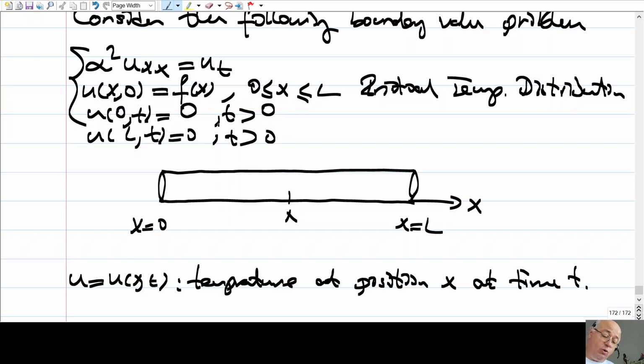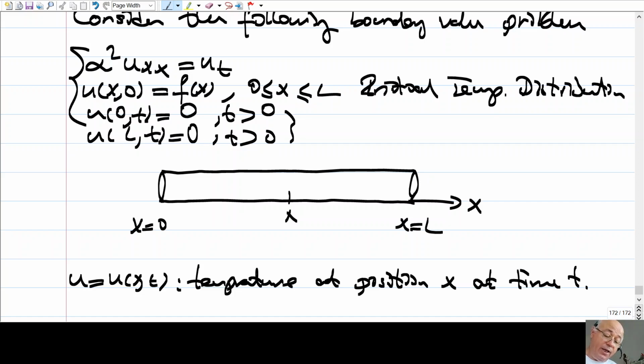What about these two conditions? Well, these two tell us the following. When x equals 0, I am at this end. When x equals L, I am at this end. The temperature of the rod is kept at 0.